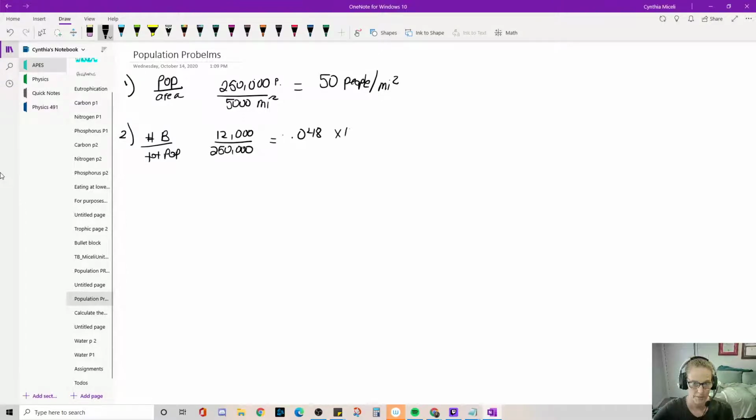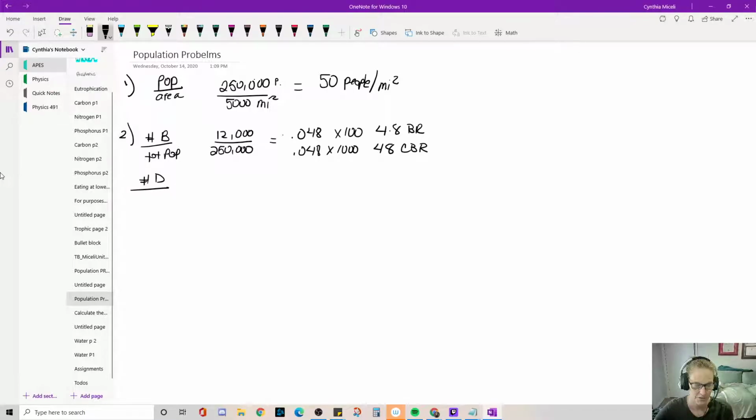We times that by 100 to get the birth rate, so that'll be 4.8 is the birth rate. To get the crude birth rate, you multiply by 1,000, so that gives us a crude birth rate of 48. So depending on what the question's asking. Our question asked for the birth rate, but I'm doing crude birth rate because of what's coming up.